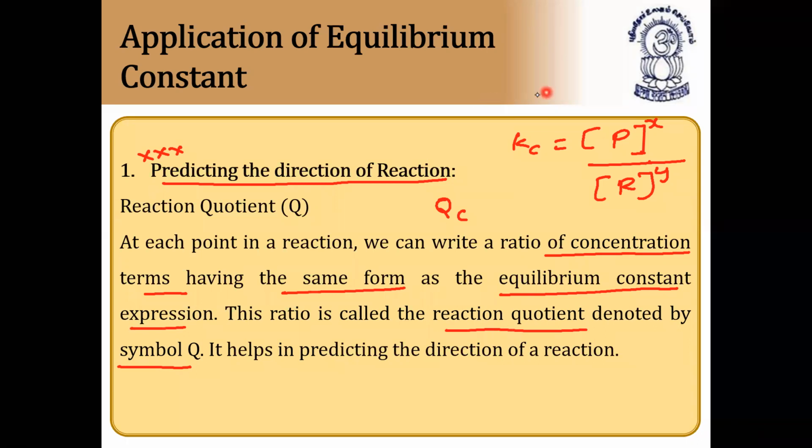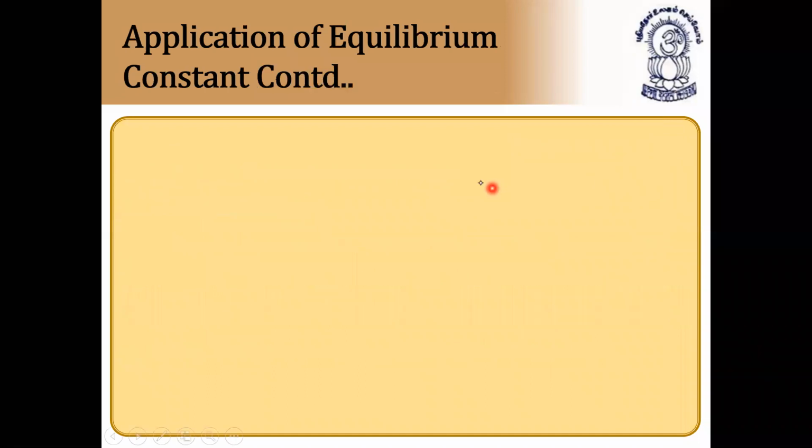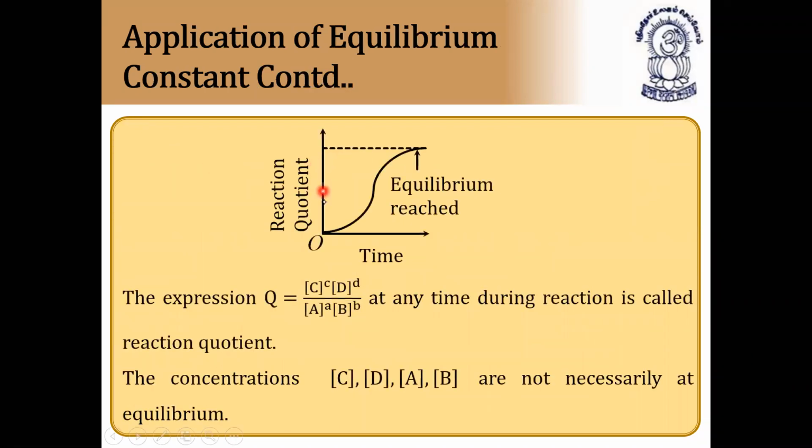So this is the reaction quotient graph with respect to time. The reaction quotient keeps changing, and when equilibrium is reached, it becomes constant.